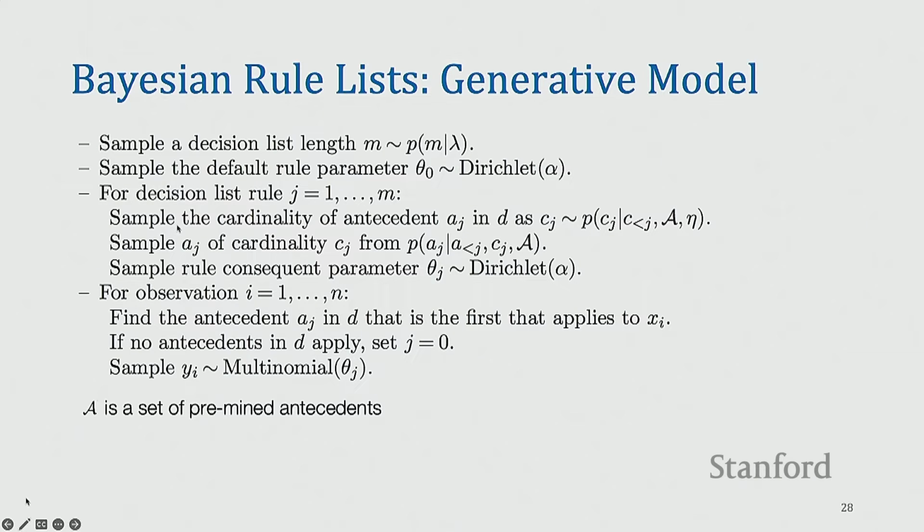For each rule, we sample the cardinality of the antecedent, which is the left-hand side of the rule, how many predicates are in the left-hand side of the rule. And then we sample the predicates on the left-hand side of the rule, right? So you sample the number and then you sample the predicates, and then of course you sample what should be on the right-hand side of the rule, right?